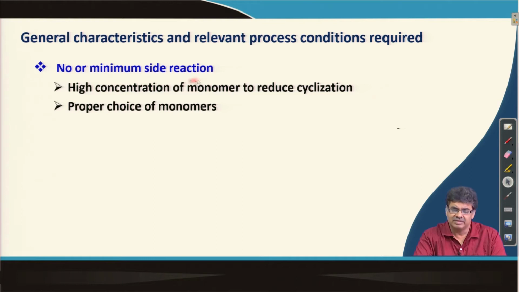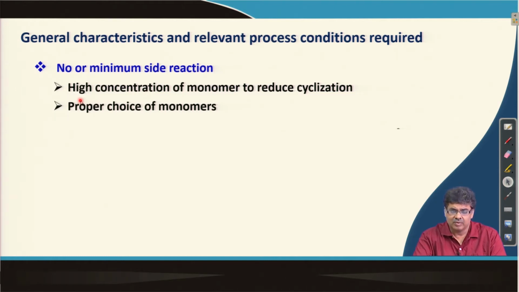Now, we must also ensure no or minimum side reaction, because if side reactions happen, then the stoichiometry can be off from the targeted stoichiometry, or we might end up generating some monofunctional chain stopper, or some chemicals which might accelerate the oxidative or thermal degradation of the polymers.